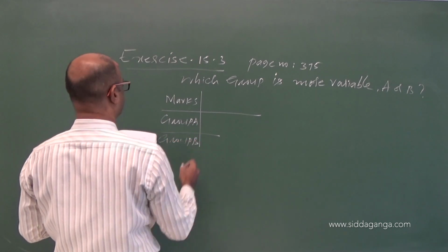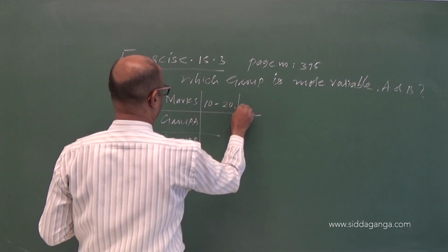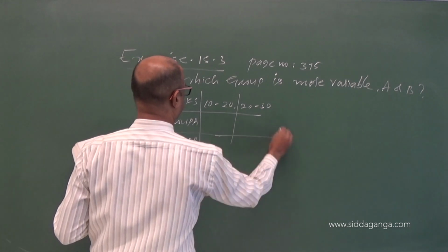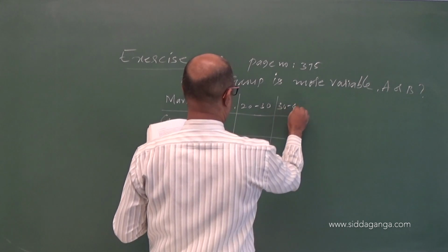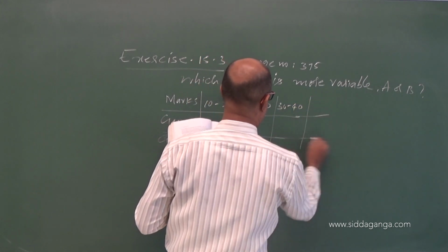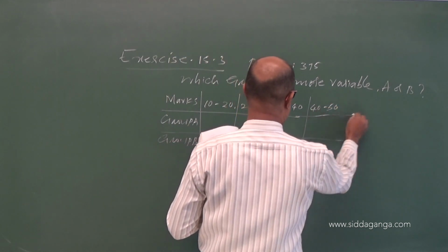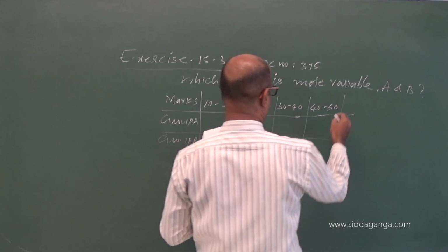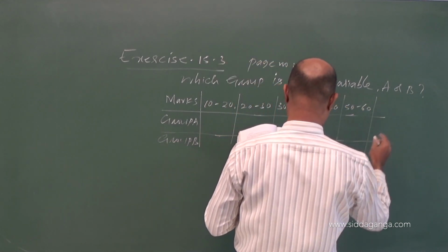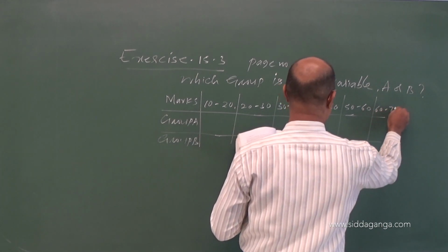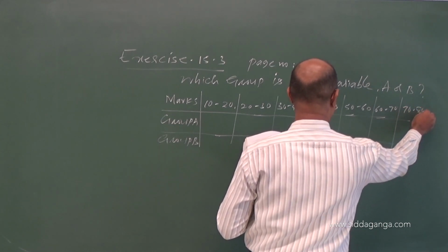Group B like this. Marks they have given as 10 to 20, 20 to 30, 30 to 40, 40 to 50, 50 to 60, 60 to 70, and 70 to 80 like this.